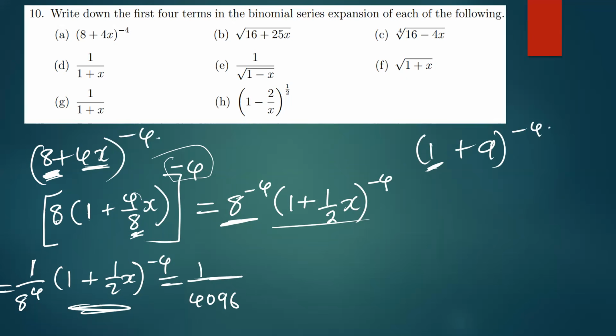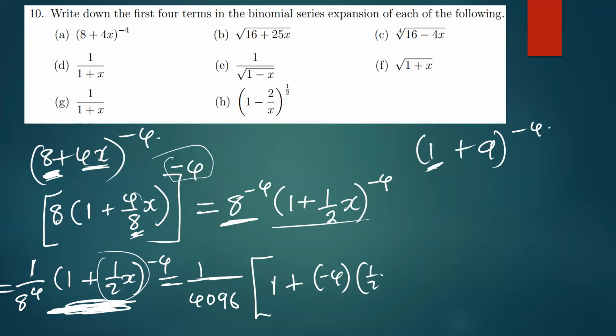So that's what we have. And then the expansion of this part here is what I'm saying is straightforward. Everyone can do that. So the first term is 1. The second term will be the power -4 multiplied by what we have there, so we have 1/2x.